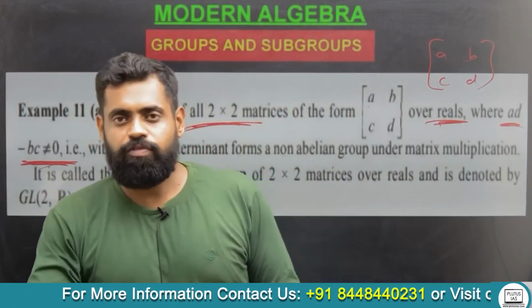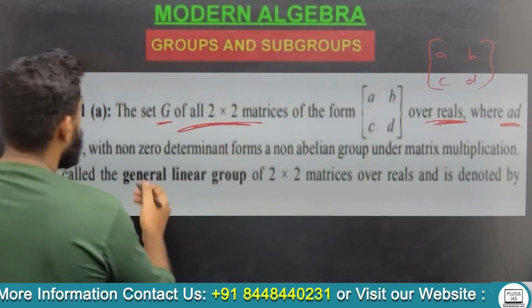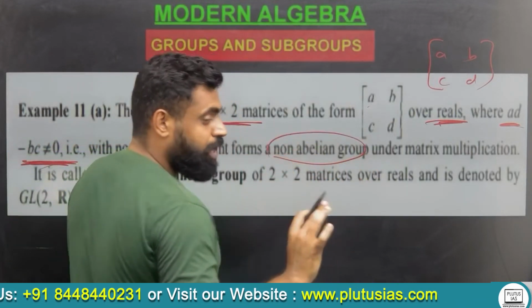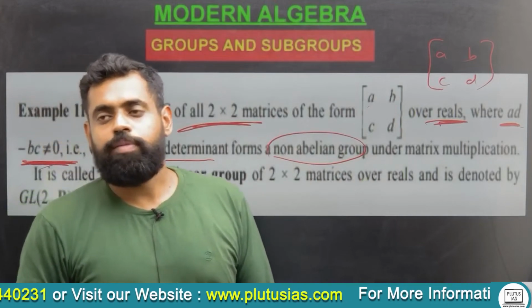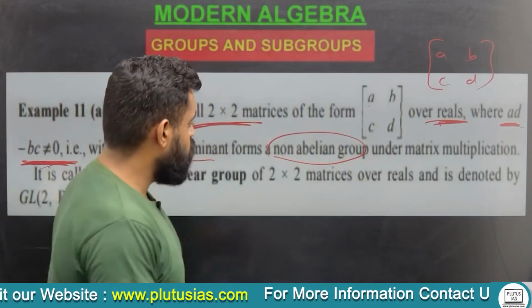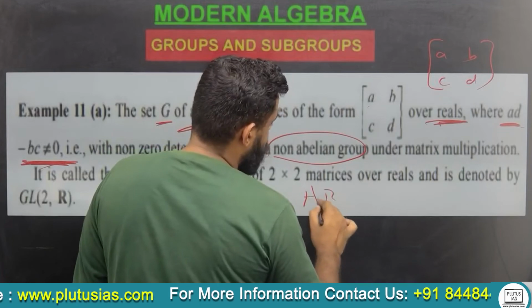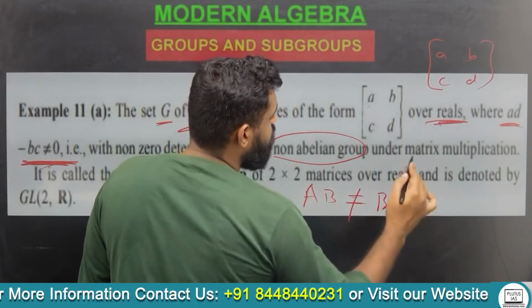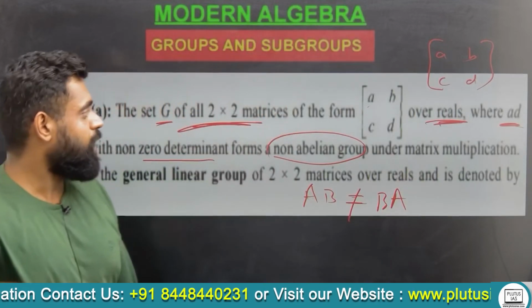That is the fourth property. Again, with non-zero determinant it forms a non-abelian group. We know that matrix multiplication is not abelian in nature: if we consider two matrices A and B, AB is not necessarily equal to BA.